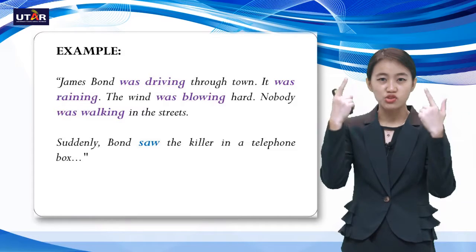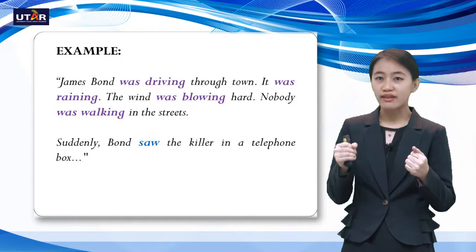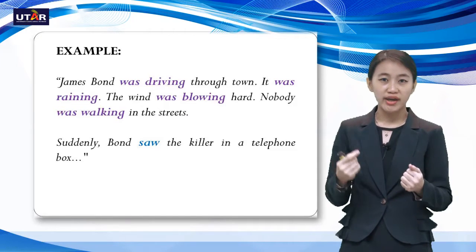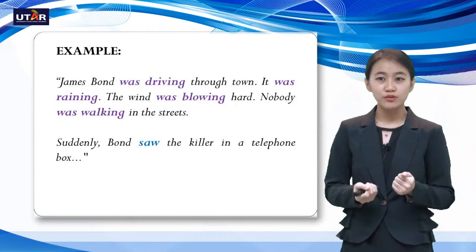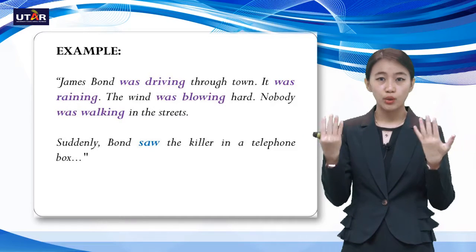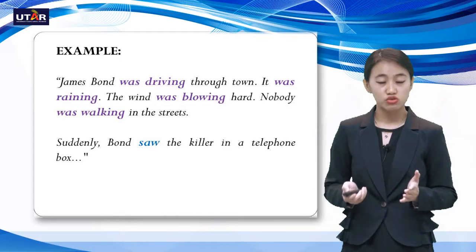So in your image, you see a man driving through town. So driving, and at that moment, it was raining. All right, so you have that image in your head, a man driving through the town, and it was raining, and wind was blowing, right? And nobody was walking in the streets.